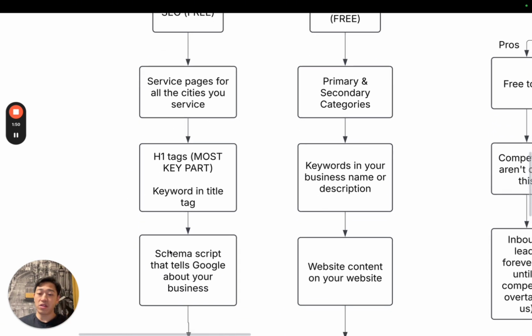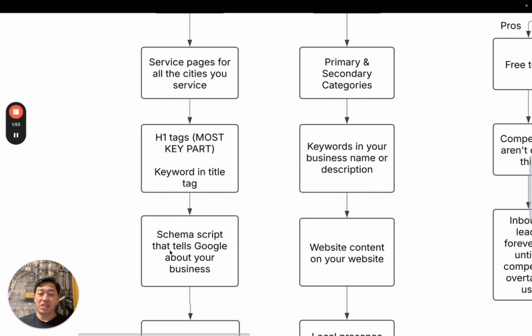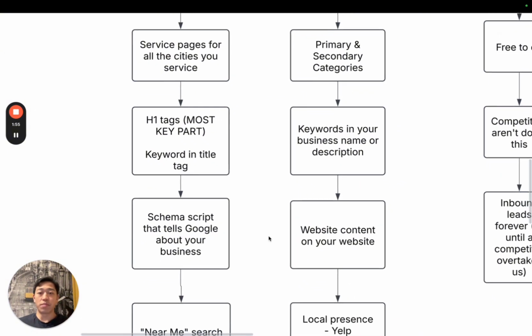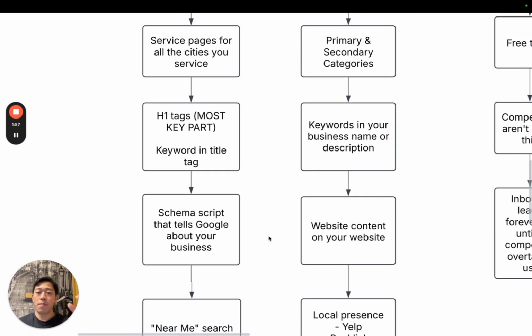On top of that, there's this thing with schema scripts that tells Google about your business. Whenever Google is crawling through all of the different pages, including your competitors' pages, it's looking at what is the best fit for the person searching for this keyword. So whenever a homeowner searches for a keyword, you need to have a schema script that shows what service you offer, the price point, the different reviews you have, the hours your business is active in, and also the cities that you service.